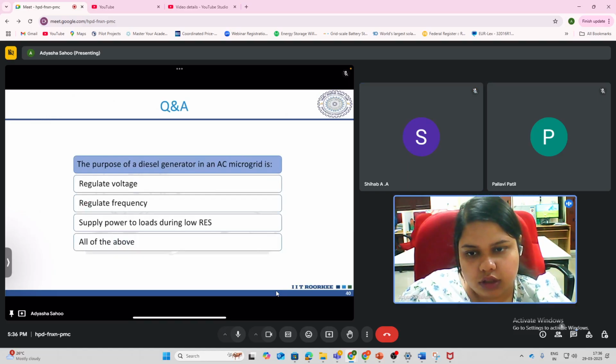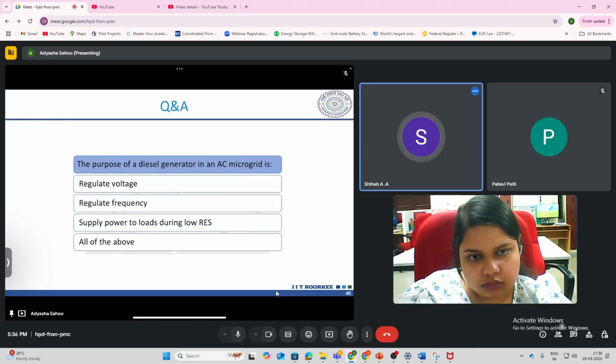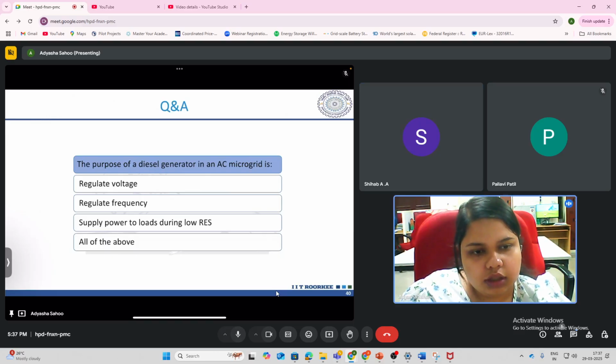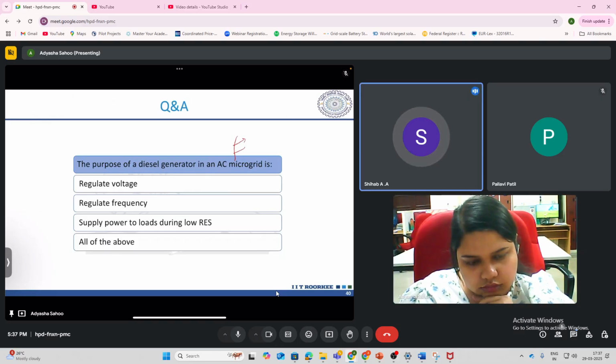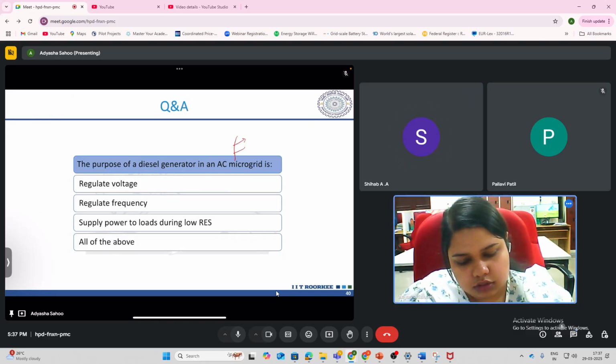Now the purpose of a DG in an AC microgrid is what? Consider both the scenarios, grid connected and islanded.